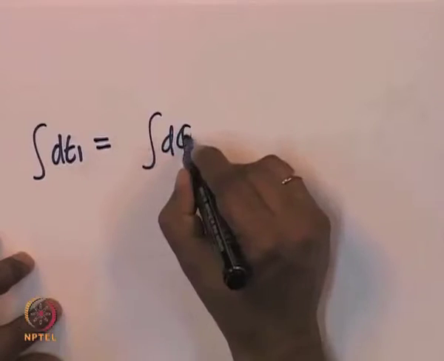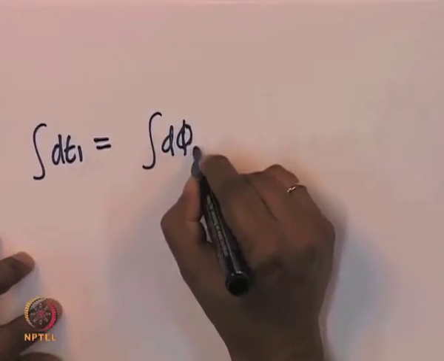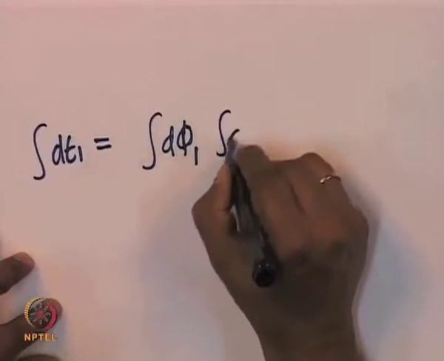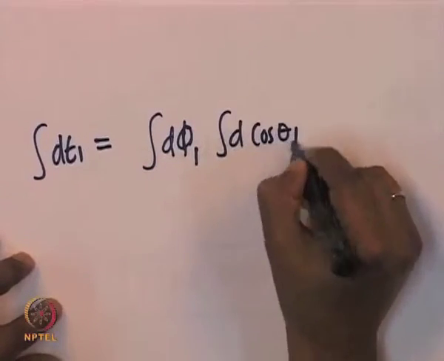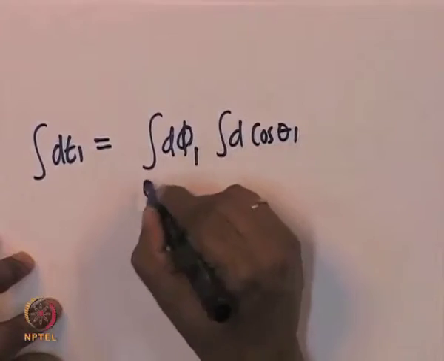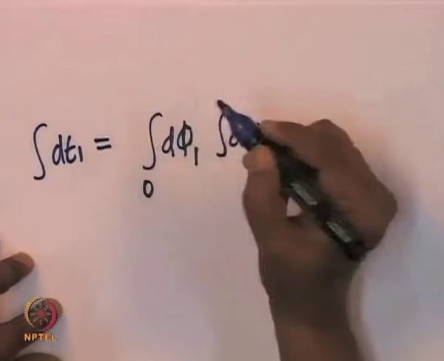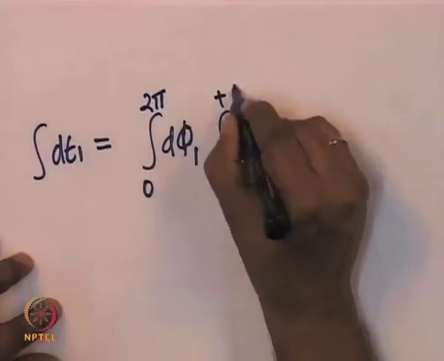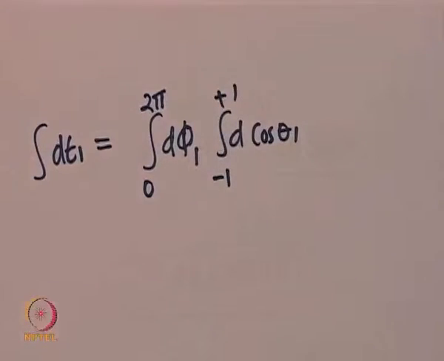Since there is dt1, let us also call this d phi 1, the first phi angle, d cos theta 1. So, this will be 0 to 2 pi, and this will be minus 1 to plus 1, if you change the limit appropriately.